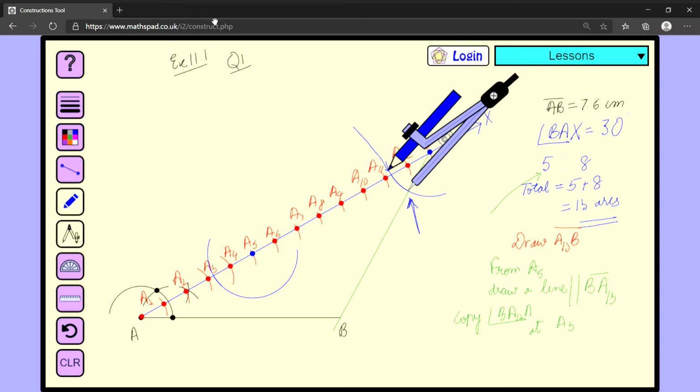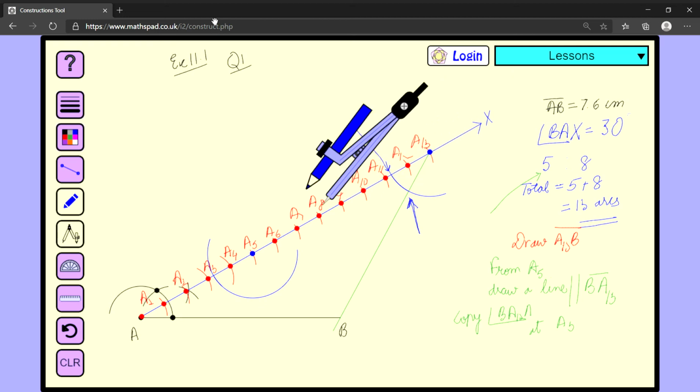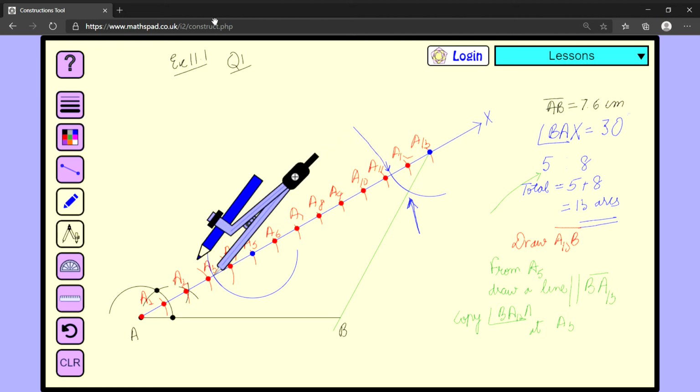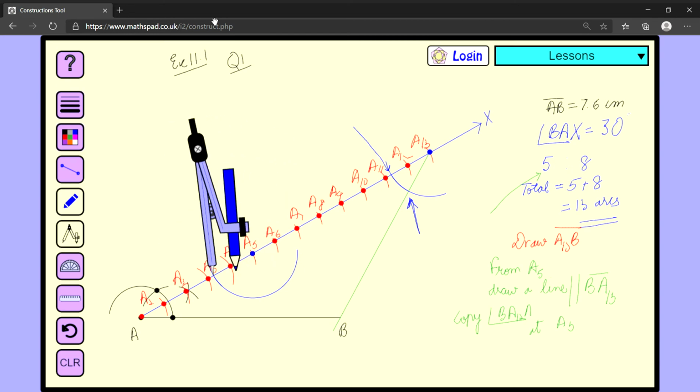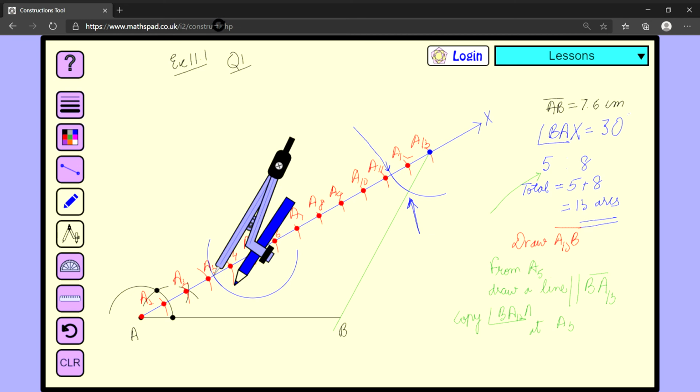I've opened the compass to the length of the arc, and I'm going to fix the radius. Using this radius, I'm going to come to this side and cut off an arc along the semicircle here. This is the copied angle. So the angle from A13 has been copied here.